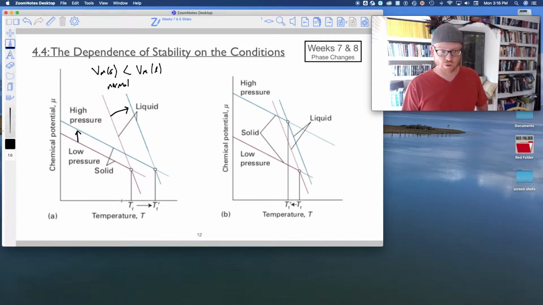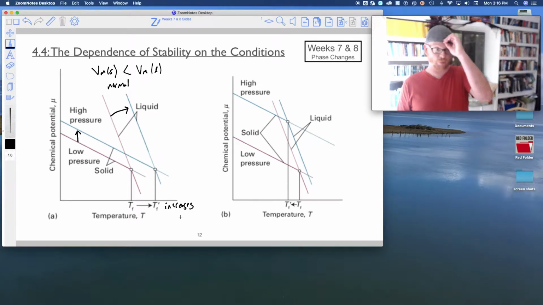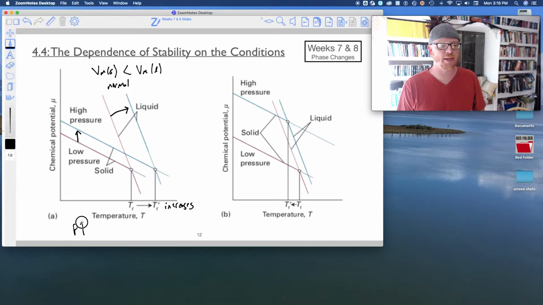And as a result, you notice here that the freezing point increases. So most materials will have an increased freezing point with an increased pressure. So let's say as P increases, TF increases.